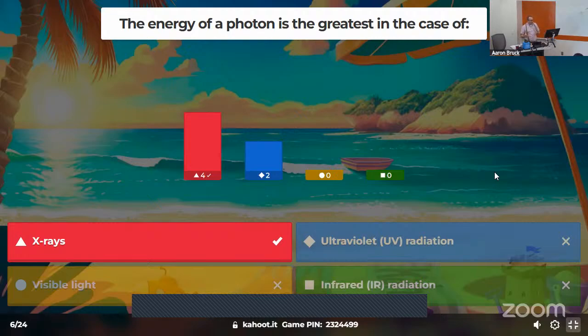X-rays and UV are the two most energetic types. What we have to remember is X-rays and cosmic rays are basically the highest. Gamma rays, that is the highest end of the scale. The lowest wavelength, highest frequency light. When we get to visible and IR and radio, that's the low end of the spectrum. That would be long wavelength and low frequency.